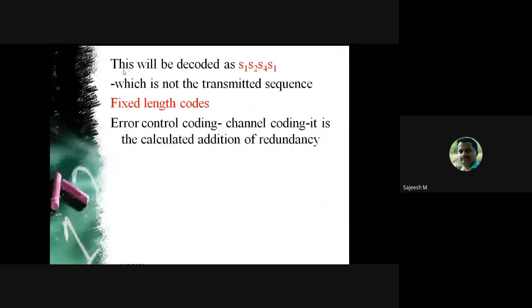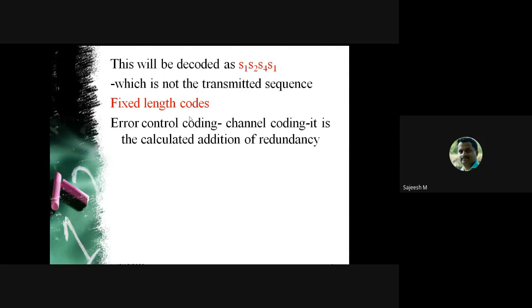Therefore we will have to take measures to receive that sequence properly, that is without error, in order to overcome that error occurring during the transmission through the channel.